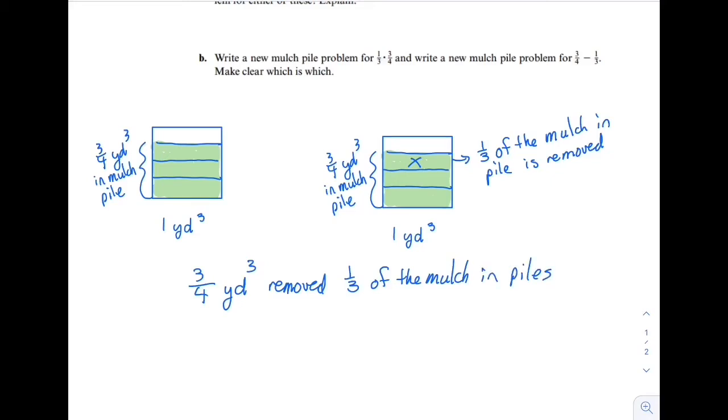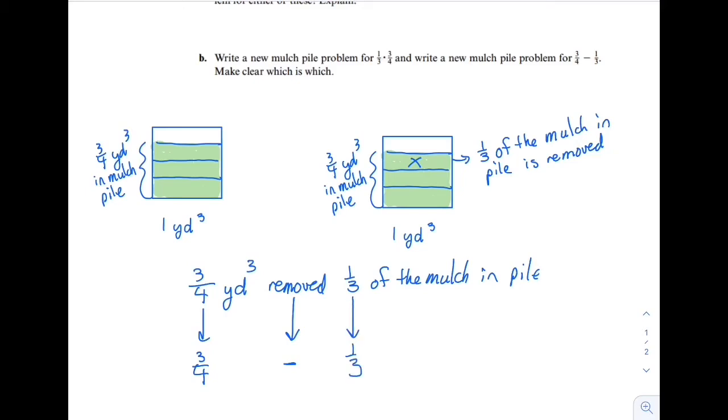So I'm just writing down what I did, just in one pile here. Then I'm going to see if I can put this a little more specifically. So I'm going to have 3/4 of a cubic yard, and I took away, this is subtraction.